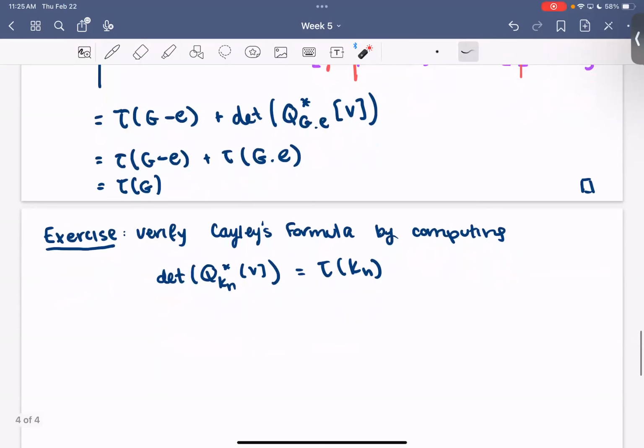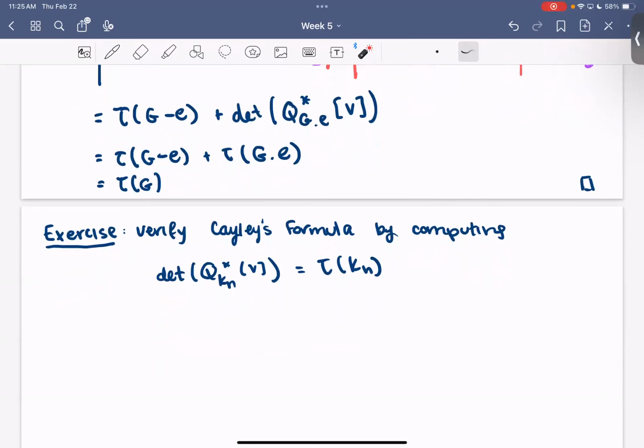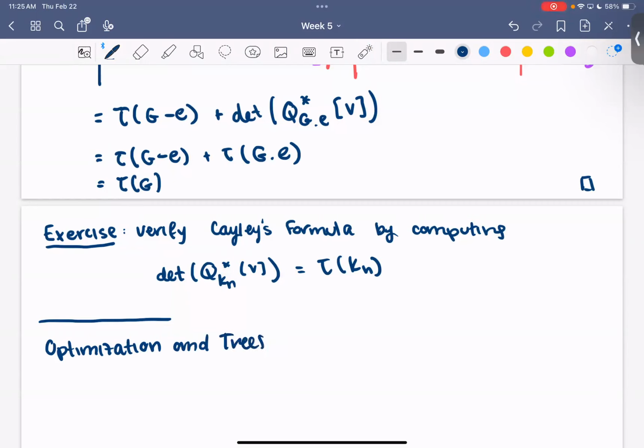So then the next topic is about optimization and trees. One concept that we haven't touched on yet, but that comes up a lot, is that of a weighted graph.